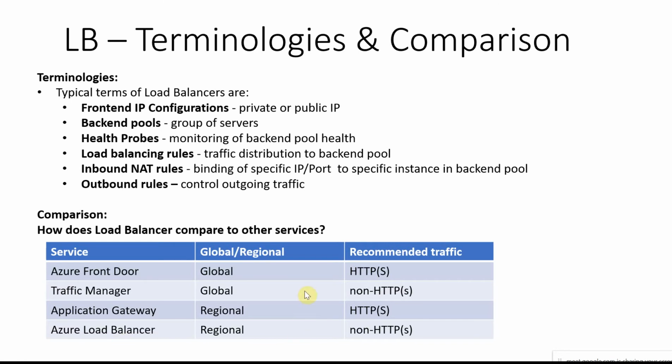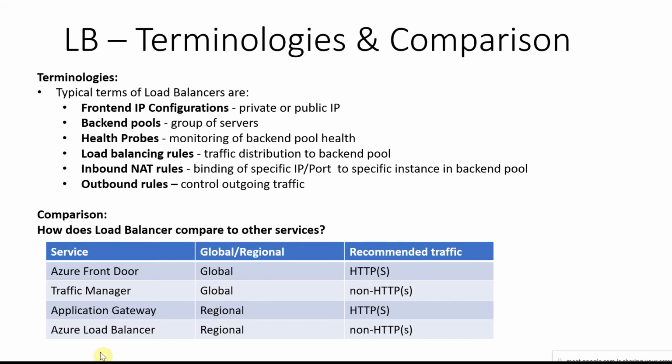Basically, in the exam, this section could be a bit tricky because they'll give a scenario and ask you to suggest which load balancer would be an option for this kind of case study. In this case, this table will be helpful. If they're talking about non-HTTPS traffic, then it's load balancer or traffic manager, based on the region.